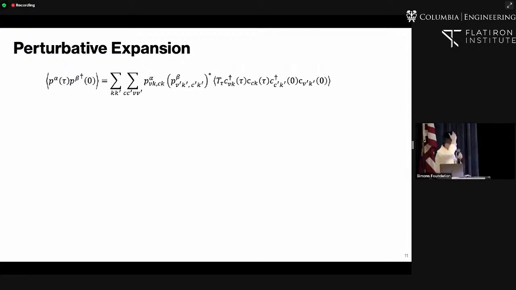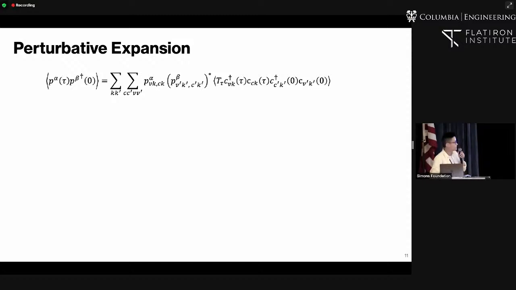I have secretly transformed the retarded correlation function to the imaginary time Green's function, and they can be connected via analytical continuation. This might be more general because it can be used at finite temperature, whereas the retarded Green's function is only applicable at 0 Kelvin.